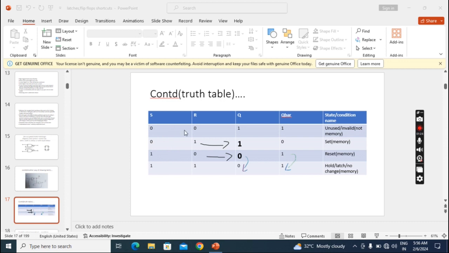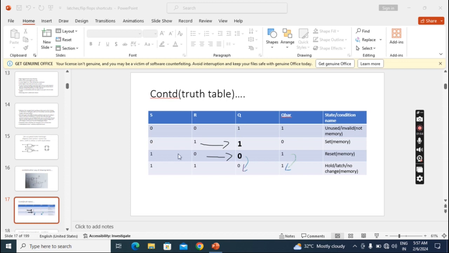But if we apply 0 0 initially, the circuit goes into an invalid, unused state. While we maintain inputs 0 0, however many times you feedback the output, you will get the same output. So to make the circuit useful, or to come out of the invalid state, we have to change any one of the inputs. So if I apply 0 0, I will change this R value, so that combination is 0 1.